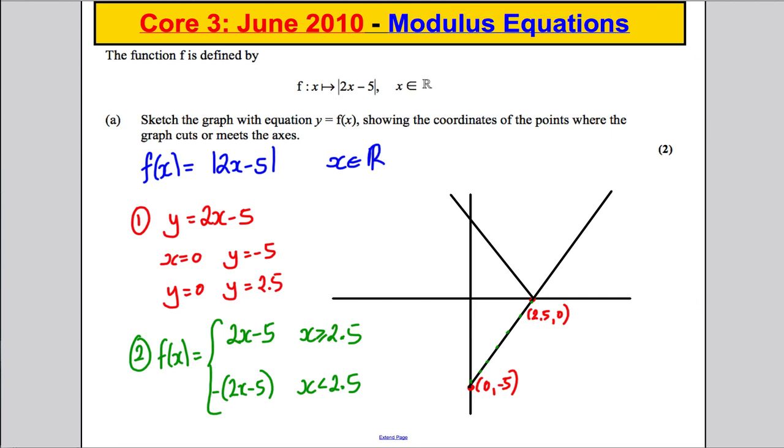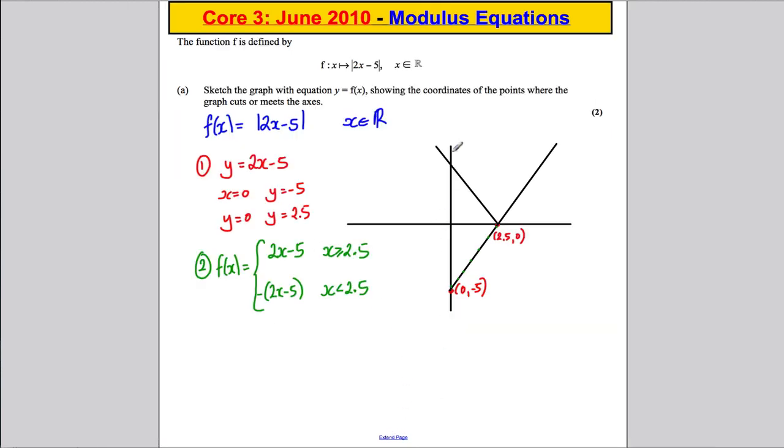Now, step 3, I might go back to a blue pen. How do I find this point here? Well, to find that point, I would take this branch, the negative of 2x subtract 5, and let x be 0 in this function.